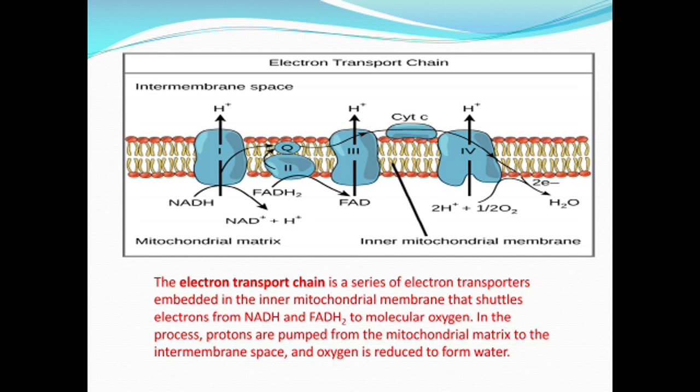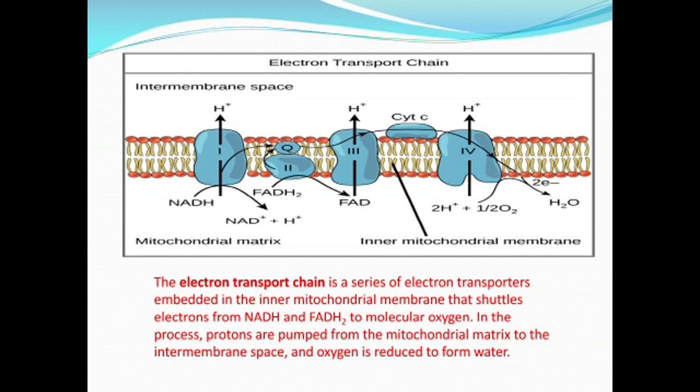NADH2 and FADH2, which are produced in the previous process, participate in the electron transport chain. NADH, which is an electron carrier, ultimately transfers electrons to oxygen and produces water along with lots of energy in the form of ATP. This is the chain which occurs in mitochondria.